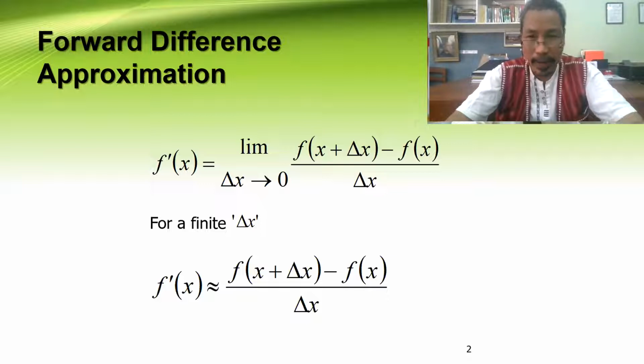What are those that we applied previously? We applied the FDD, which stands for forward divided difference. We also applied BDD, backward divided difference, and CDD, central divided difference. So let us start with the forward divided difference approximation method.